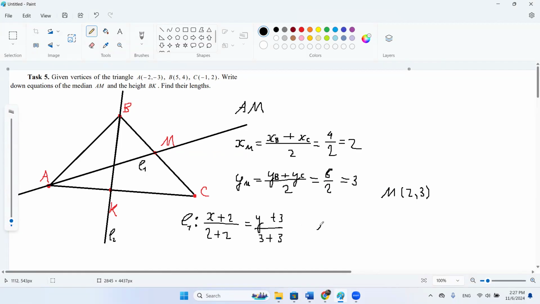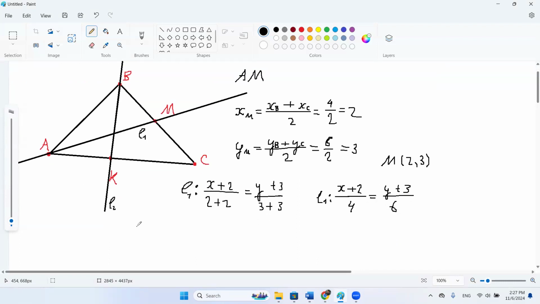So finally, x plus 2 by 4 equals y plus 3 by 6. So here is the equation.